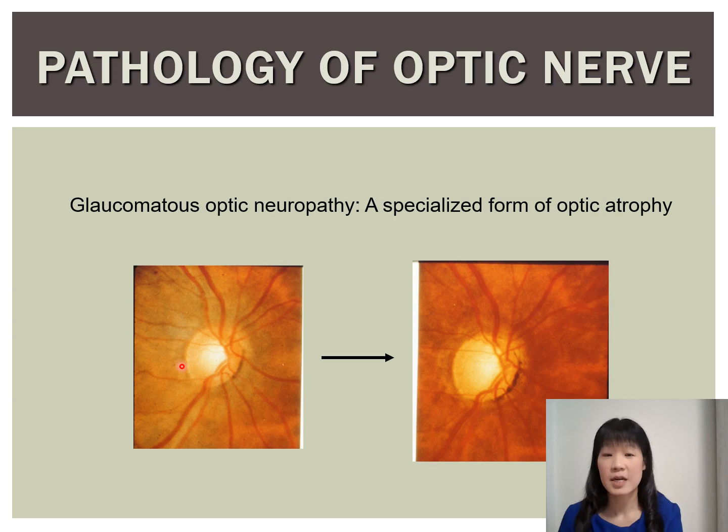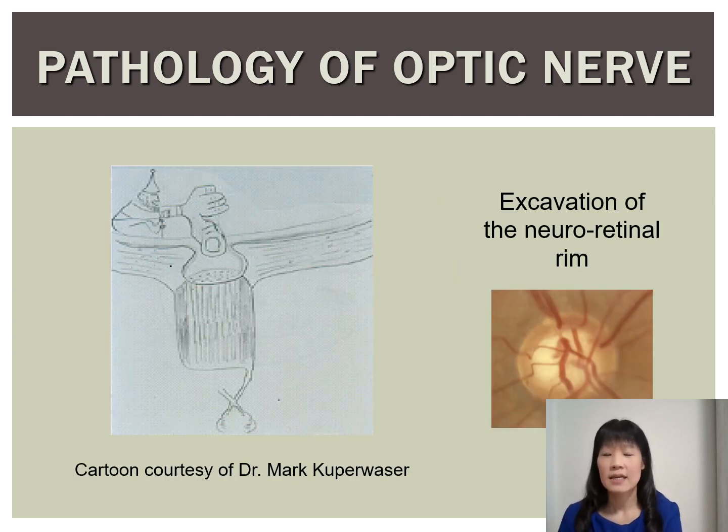So here you can see a relatively normal cup-disc ratio with glaucoma causes progressive cupping. So again, if you see a cupped optic nerve, it most commonly is associated with glaucoma, but again, less commonly associated with other diseases. So here you can see a cartoon of a thumb pressing into the optic nerve causing beanpot cupping with glaucoma, excavation of the optic nerve head and cupping with thinning of the neuroretinal rim.